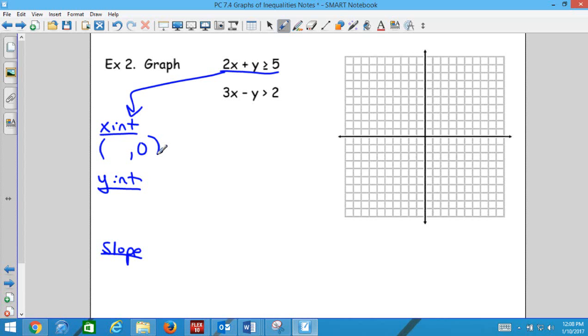It is also c over a, so 5 over 2, which is 2.5. And you go to graph it. Y-intercept, make x 0. You can also do c over b, so 5.